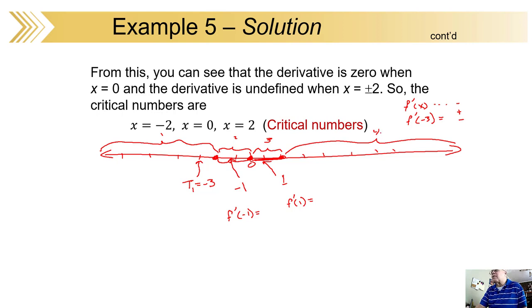Then you go to the fourth interval, and you have quite a few numbers to pick from here. Of course, you can pick numbers in between. It doesn't make any difference. Maybe you want to pick a 5, for example. See, this is 2, 3, 4, 5. Here's your test for this one.